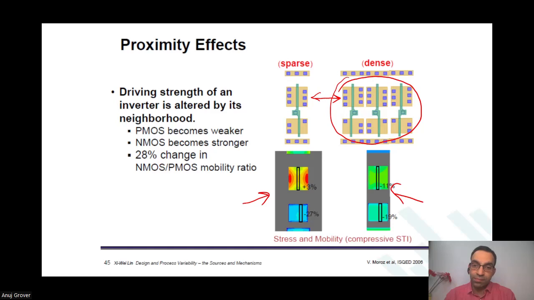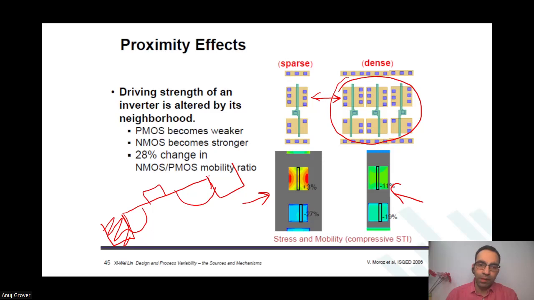Which stress are you talking about here, sir? Okay, so let us say this is a device. There will be shallow trench isolation over here on the side. As soon as these shallow trench isolations come into the picture, what happens? The crystal lattice is broken. When the crystal lattice breaks, there are bonds which are dangling.